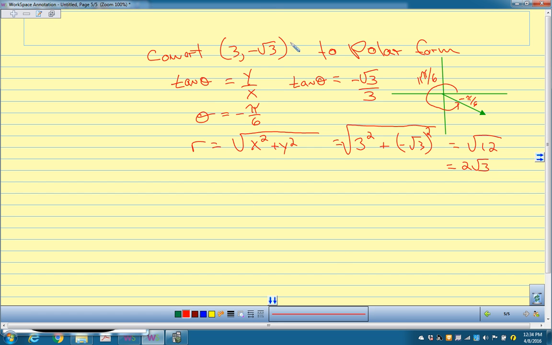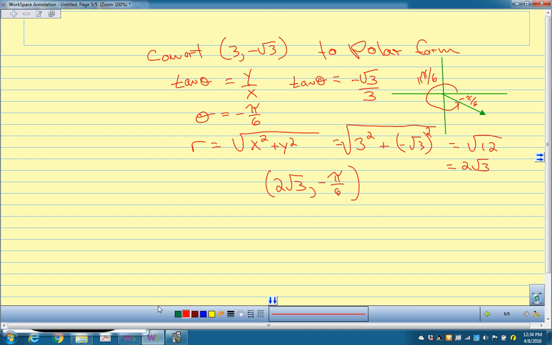So to write this in our polar form, r is 2 root 3, and theta is either 11 pi over 6 or negative pi over 6.